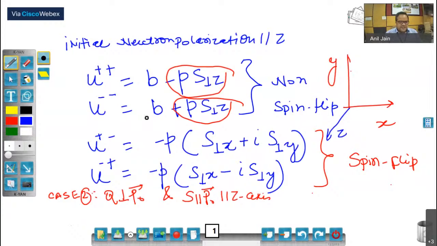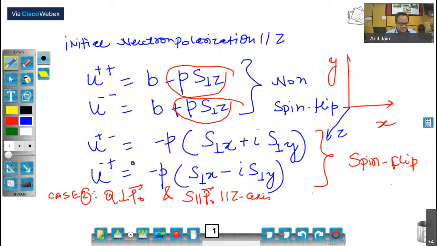So this is the advantage when you want to use polarized neutrons to investigate your material. By using this proper combination, one can separate the spin flip and non-spin flip processes, and one can separate the nuclear and magnetic scattering.